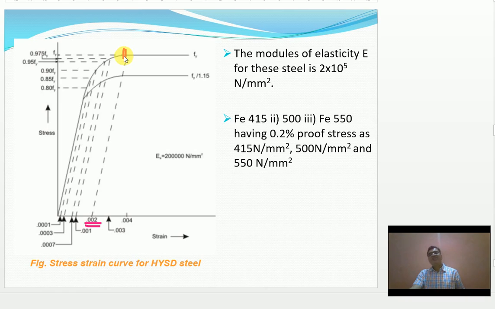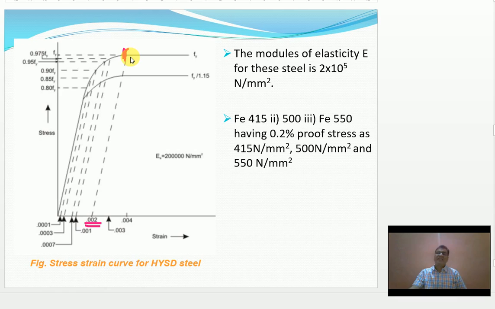So when we say Fe415, it means this value; that is, this dotted line cuts the curve at 415 Newton per mm square. That is the 0.2% proof stress. If the steel is 500, we get that value as 500 Newton per mm square, and for 550 we get 550 Newton per mm square.